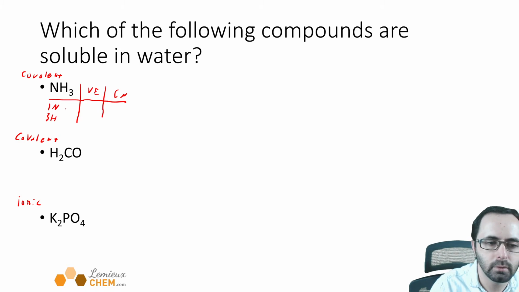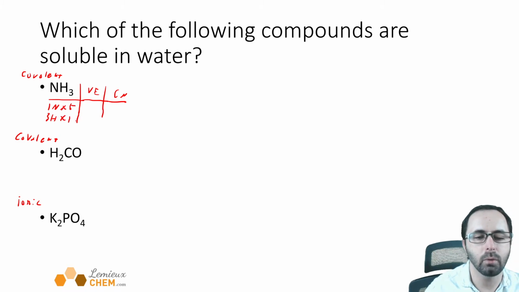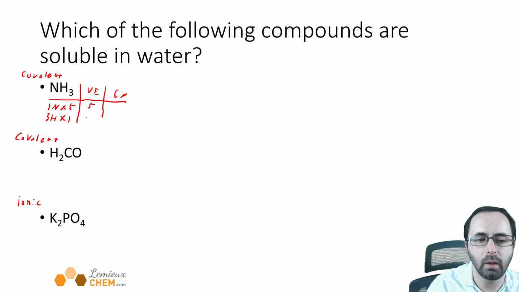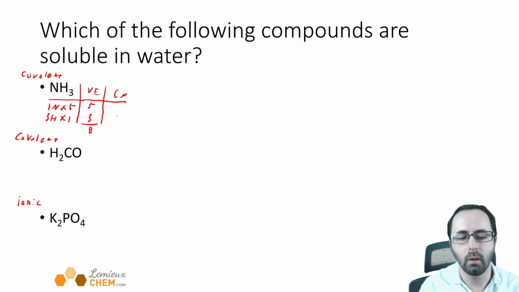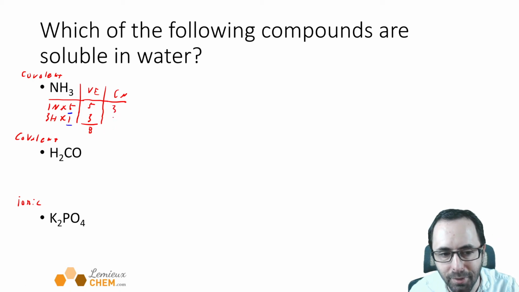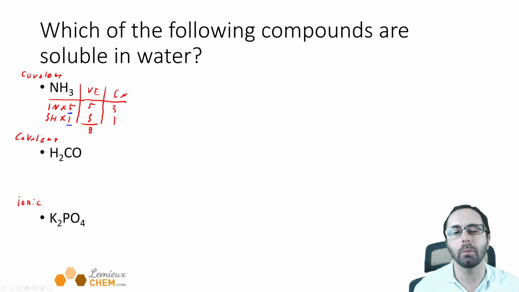So 1 nitrogen times 5 valence electrons, 3 hydrogens, each with 1 valence electron. So we have 5 valence electrons from the nitrogen, 3 from the hydrogen, 3 times 1, for a total of 8. Covalence number for nitrogen is however many more it would need to have 8. That will be 3. And for hydrogen, it's however many more it would need to have 2, because hydrogen's special. So it's always 1 for the covalence.